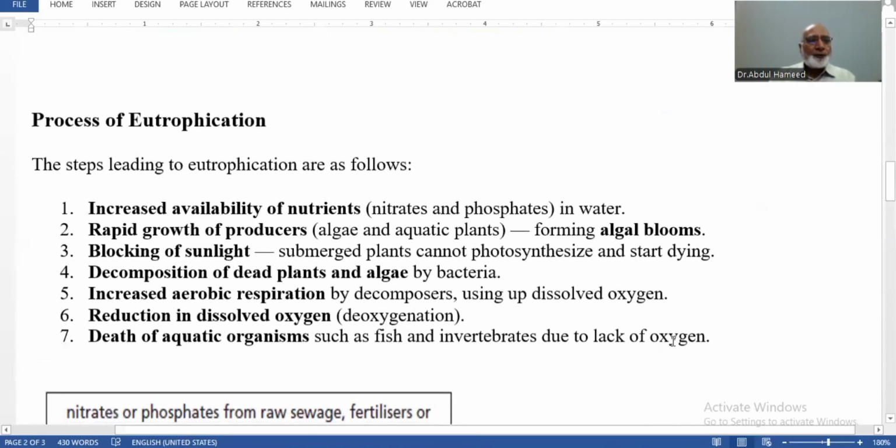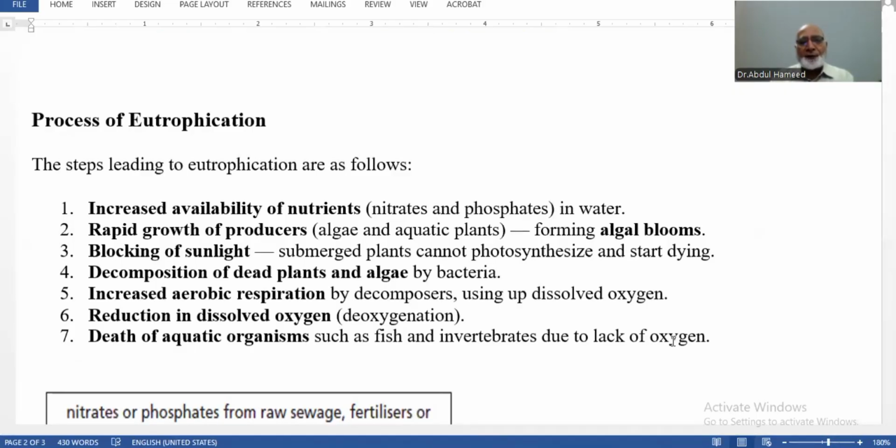So what is the process of eutrophication? The steps leading to eutrophication are as follows. First, increased availability of nutrients, nitrates and phosphates, in water. Then there is rapid growth of producers, algae and aquatic plants, forming algal blooms in that water body and blocking sunlight.